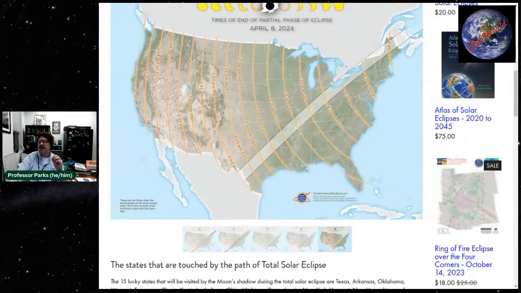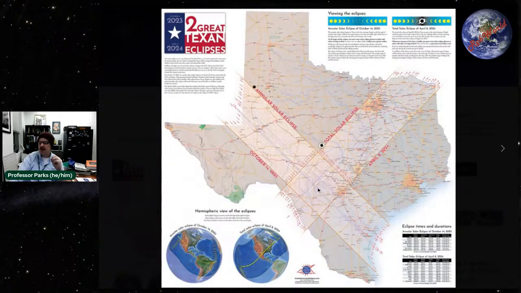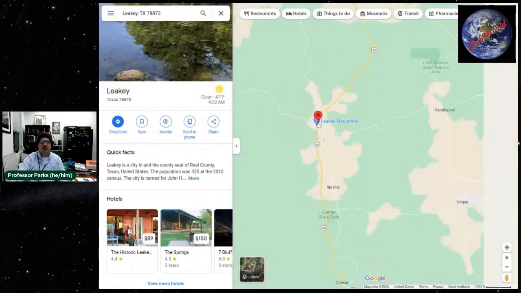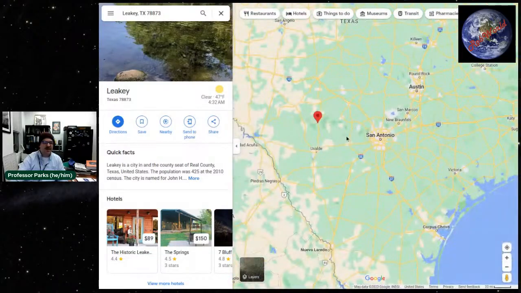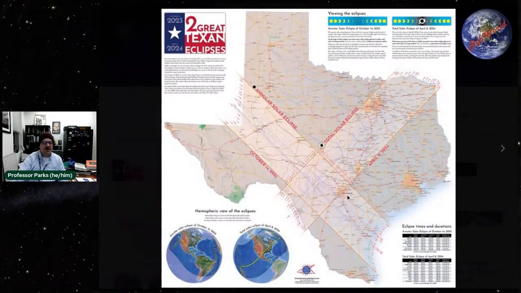So let's go here. Right there is a little town called Leakey, Texas. There's San Antonio, and on Google Maps, I think we're roughly around here.